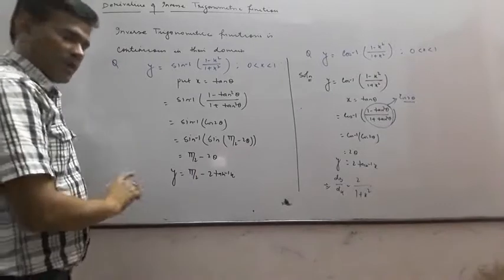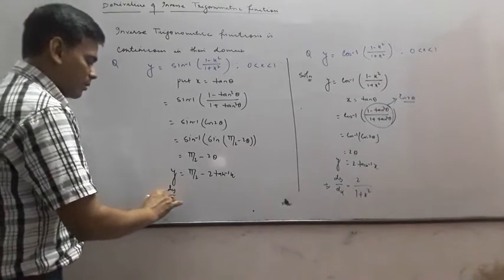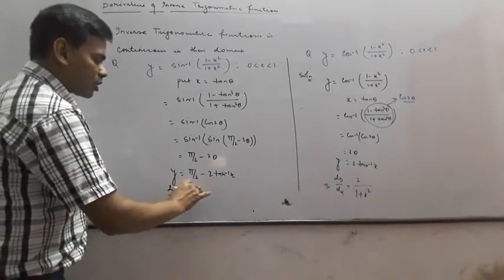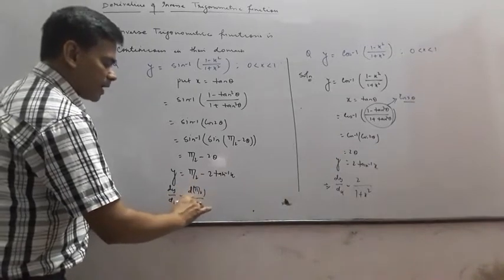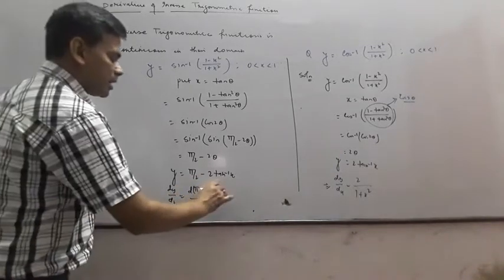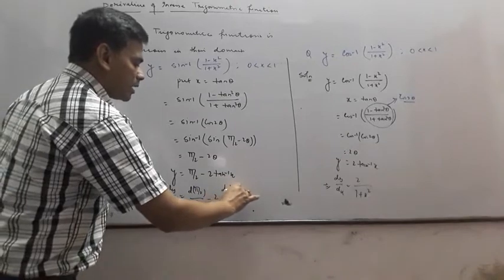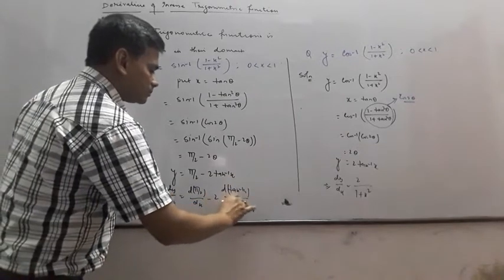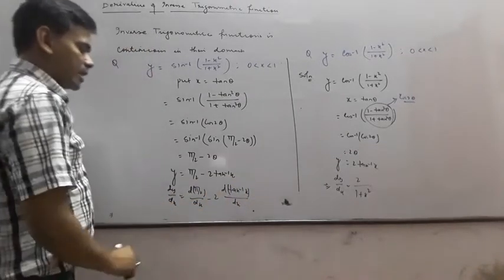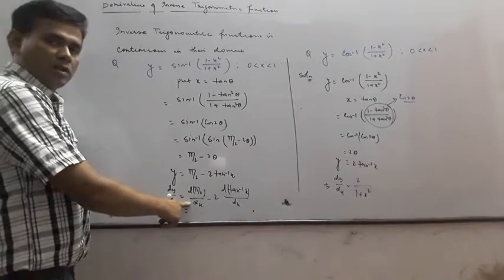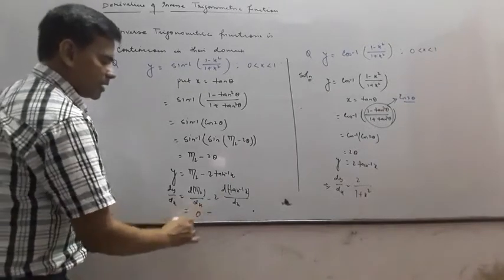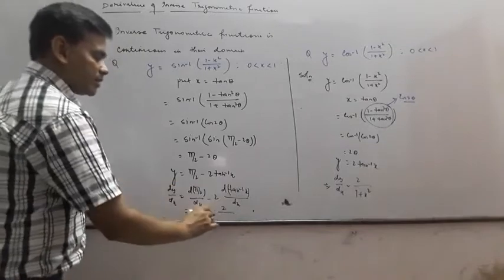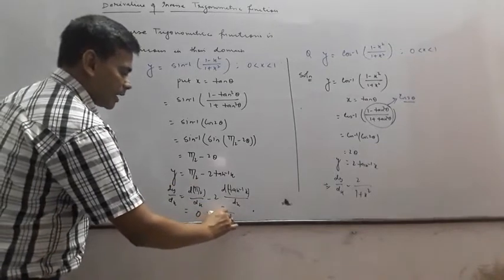Now you have to differentiate. dy by dx: the differentiation of pi by 2 with respect to x is 0, 2 is a constant, and the differentiation of tan inverse x is 1 by 1 plus x square. So the answer is 0 minus 2 by 1 plus x square.